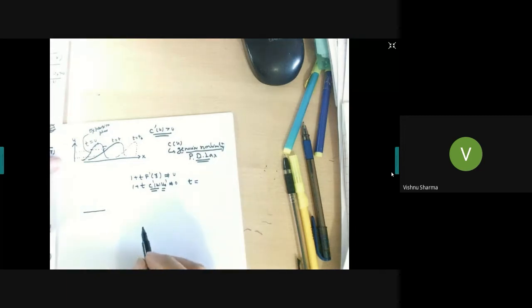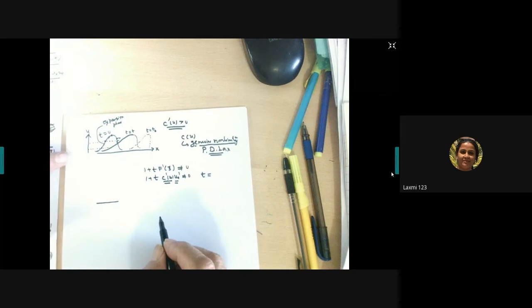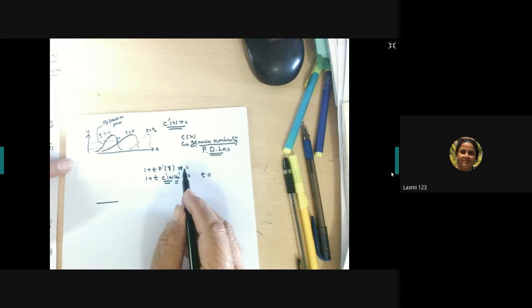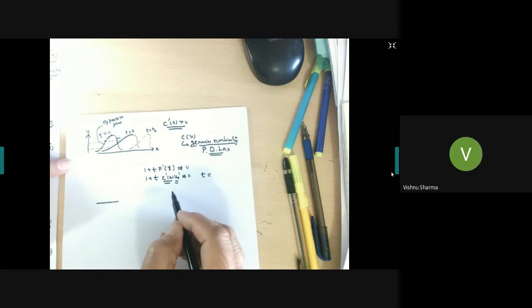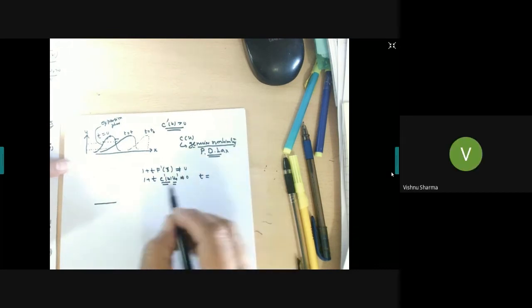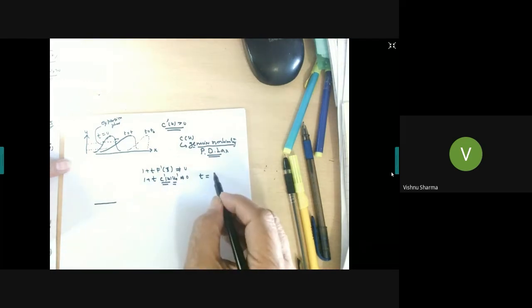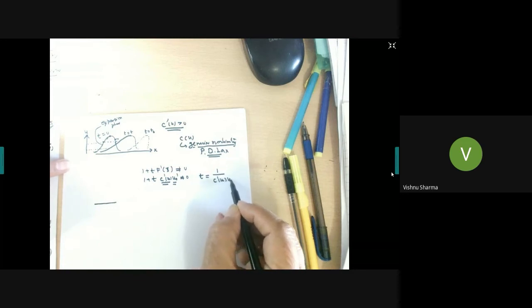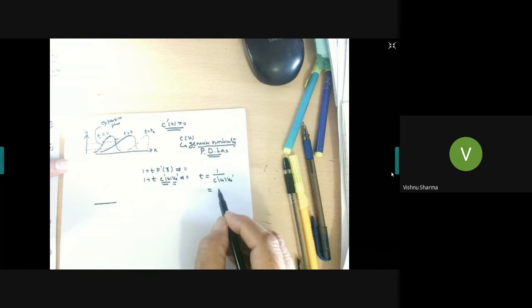When this is negative, I can write t is equal to minus 1 upon c naught dash into u naught dash, which is minus 1 upon f dash.